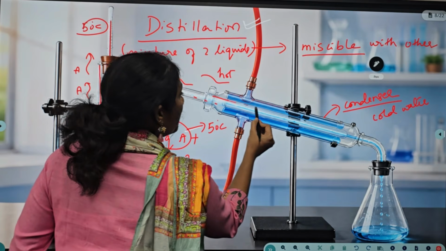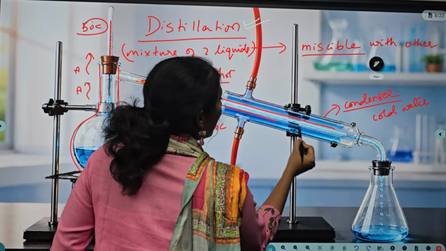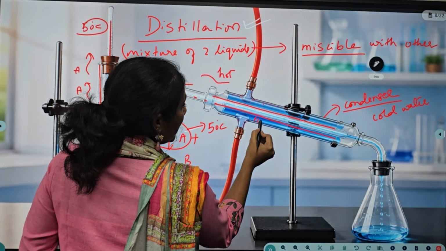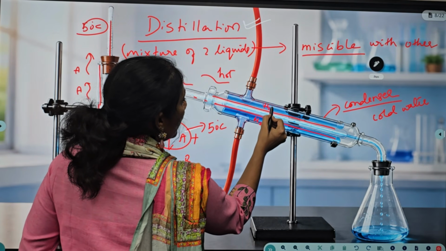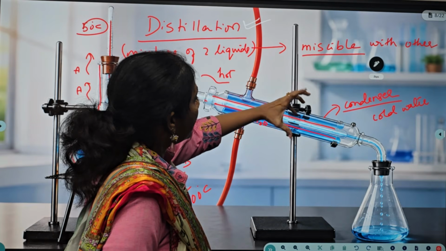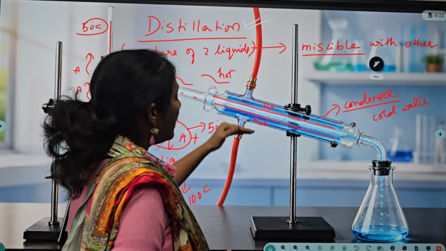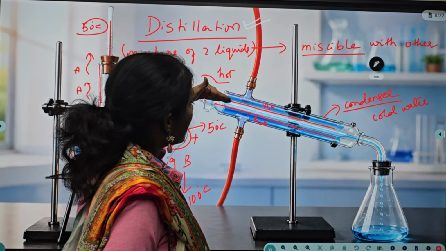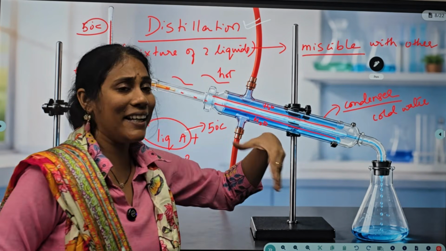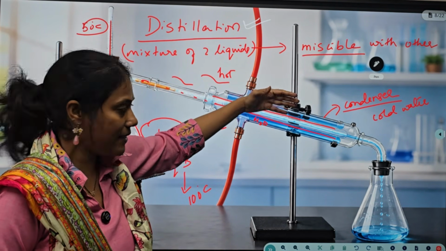So this is the tube inside the condenser, only vapors will pass, and surrounding this tube, water is filled. There is a small tube inside the condenser through which vapors are passing, and surrounding the tube you have cold water. So when the vapors pass through this small tube, the entire environment around is cold, isn't it?